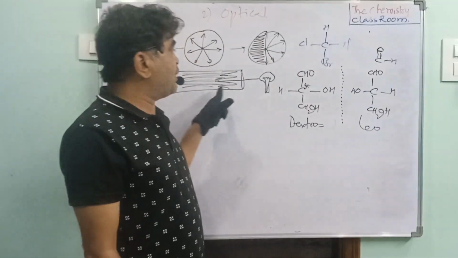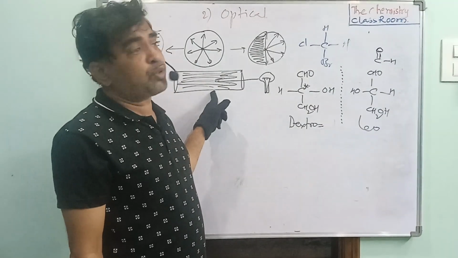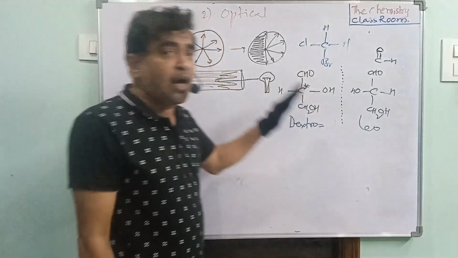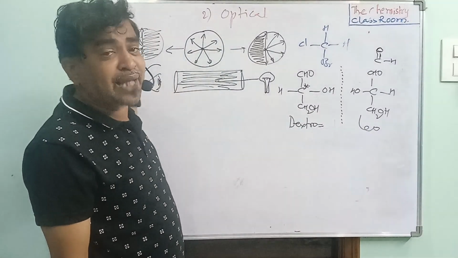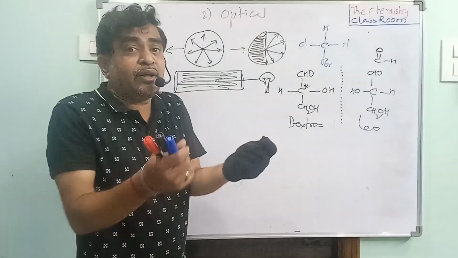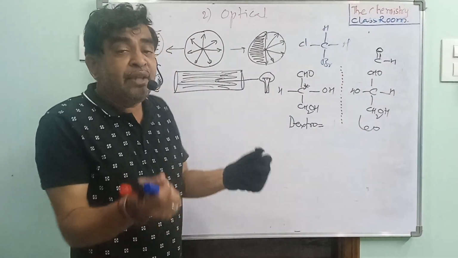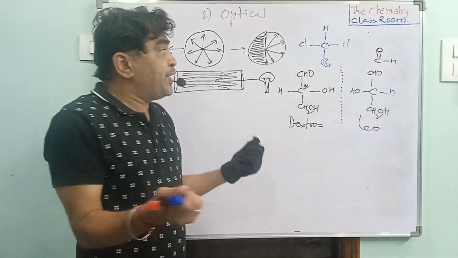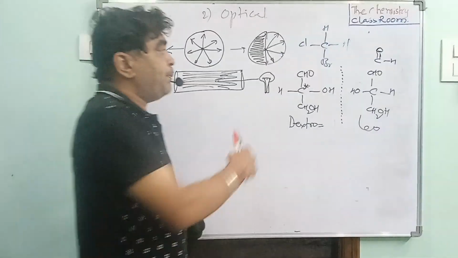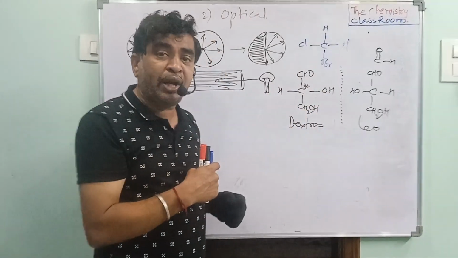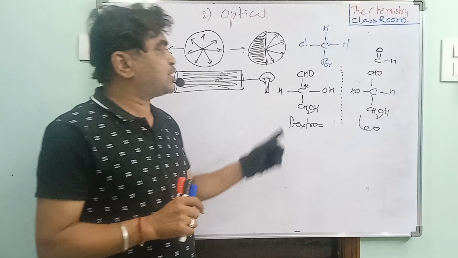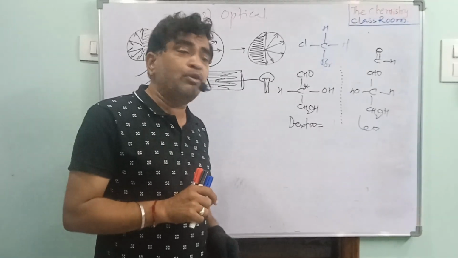One compound is optically rotating the light towards the right side, and another compound is rotating it towards the left side. So they differ. How are they differing? They differ in the optical rotation, because of the spatial arrangement. That's why they are called optically active compounds.